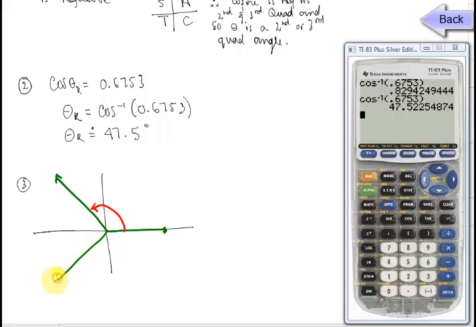And here is our third quadrant angle. Okay, and both of them are theta. Okay, so let's draw our reference angles in. They are between the terminal arm and the x-axis. Okay, so we'll have one right up just above the x-axis and one below, but both of these are our reference angles, which are at 47.5.